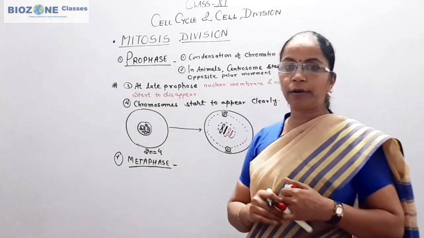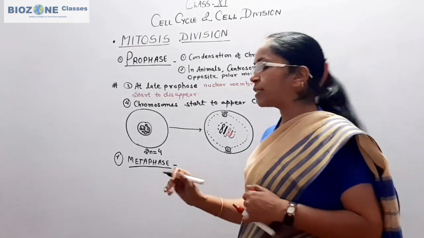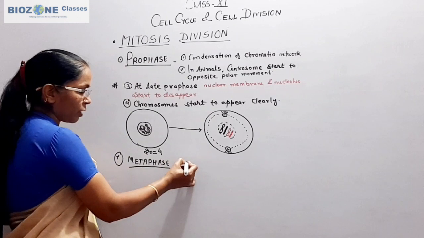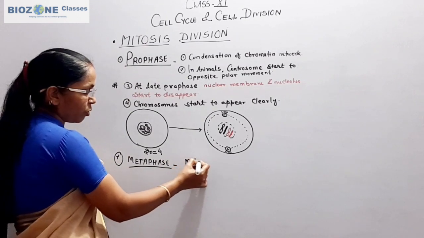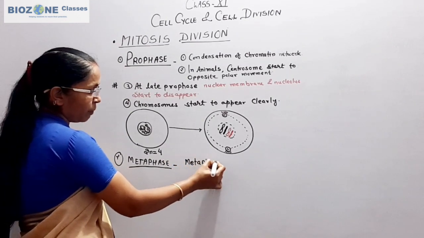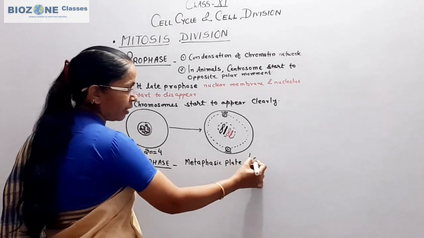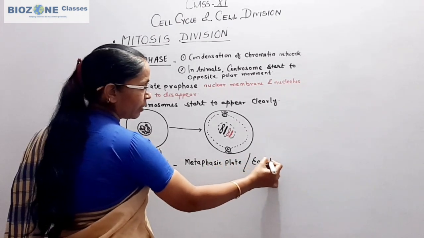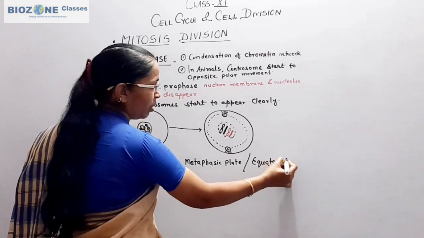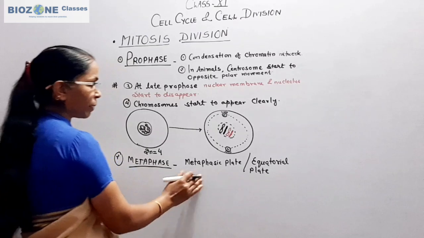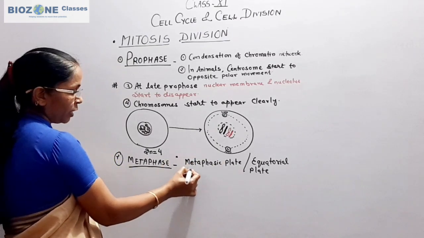So read that line clearly. अब in metaphase, the identical feature we study is the formation of the metaphasic plate, commonly called the equatorial plate. So the equator plate is formed.